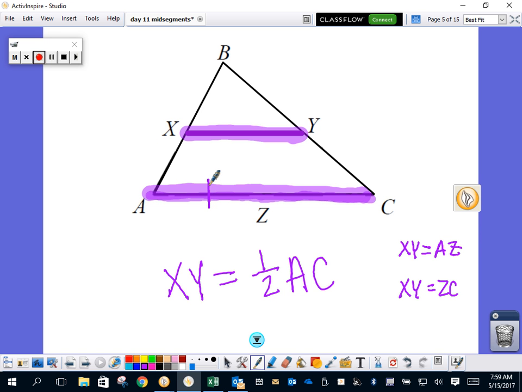Because it's mathematically true. Need to break it to you. Mathematically true. Okay? Alright, 20 seconds and I'll switch the slide. XY equals the length of AZ. XY equals 1/2 AC.